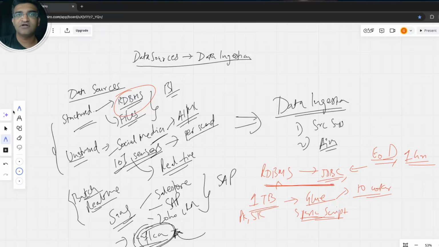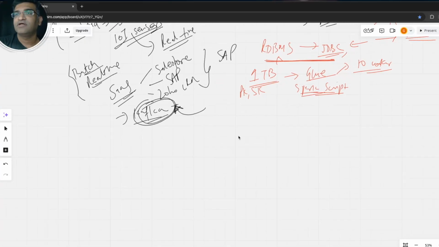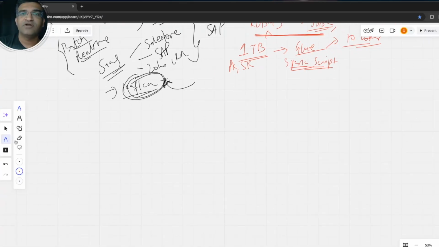While this looks fine, we just spoke about getting the whole data here. But what if you do not want to move the complete data? Let's say you're running these batches on a daily basis. On day one, you have migrated 1 TB of data.